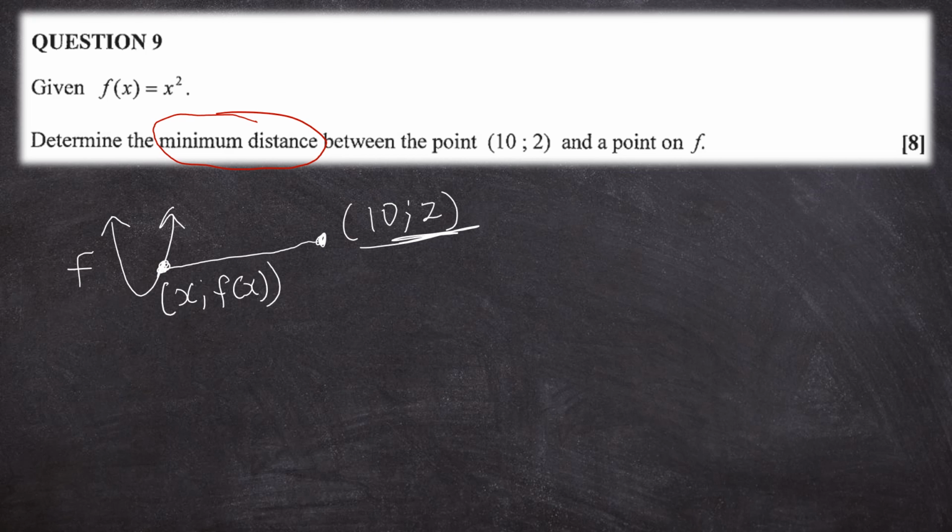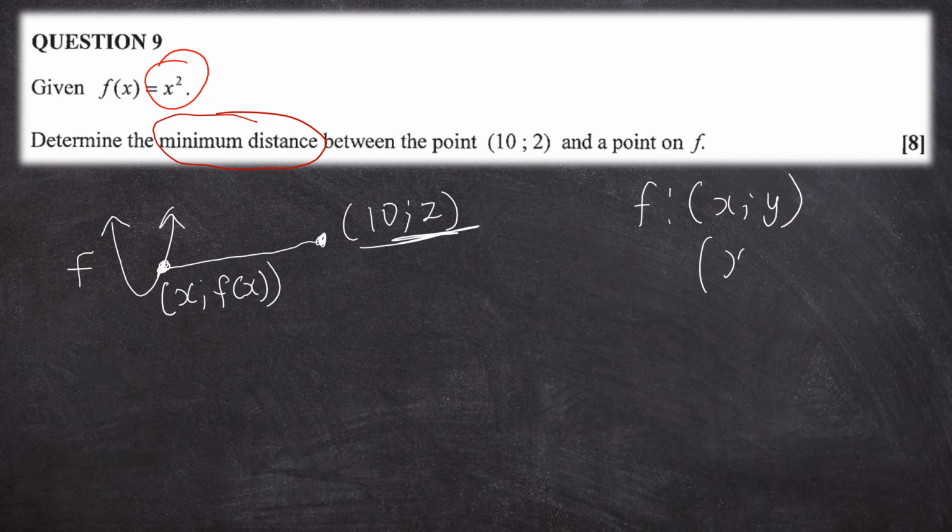Now that we have created a point, right? It's unknown actually. We don't know what is x. We don't know what is f of x. But we do know what is f of x, right? Because we are given in the equation that f of x is x squared. In other words, I'm just going to transform that point. Or maybe let me put it down. We have a point on f, which is (x, y), right?